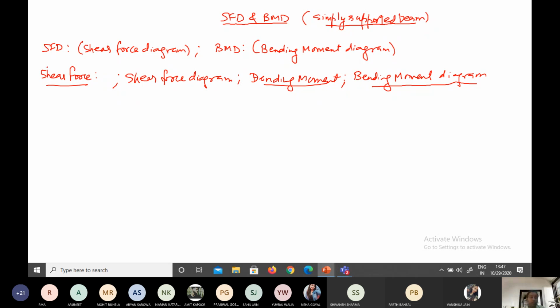Write down one more important definition that might come in the examination for 1 mark: point of contraflexure, or point of inflection.